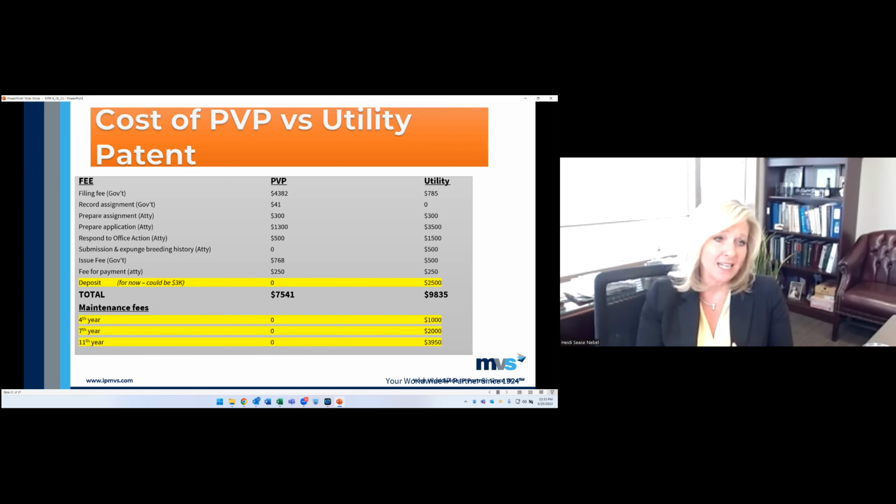So as of right now, for an asexually produced PVP, there is no deposit requirement. It is waived unless the USDA office for some reason wants to have access to the plant material, and then you need to provide that. Maintenance fees for utility patents are due the 4th, 7th, and 11th year, whereas for PVPs, obviously, there's no maintenance fees.